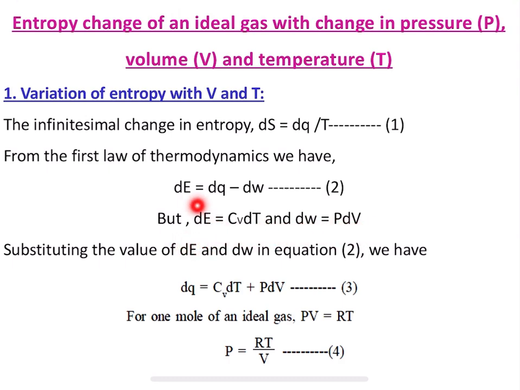Substituting the dE value and the dW value, and taking dE to the right-hand side, dQ comes to the left-hand side. So dQ equals CV dT plus PdV. Let me call this equation 3. For 1 mole of an ideal gas, we know that PV equals RT, where P is the pressure, V is the volume, R is the universal gas constant and T is the temperature.